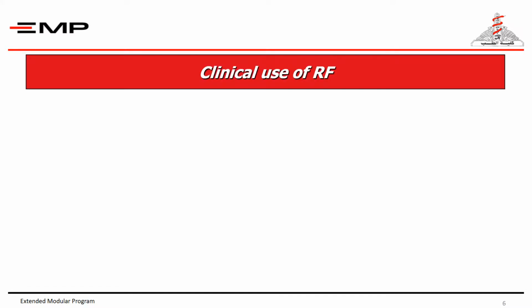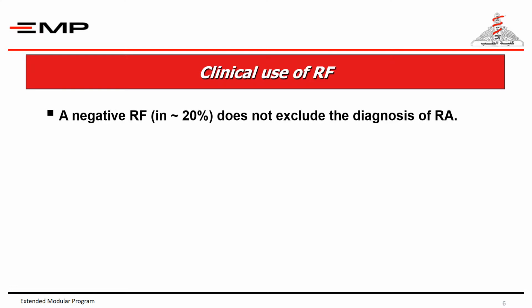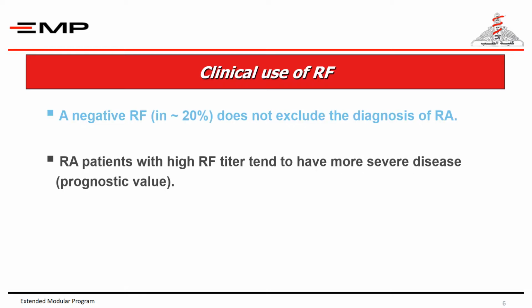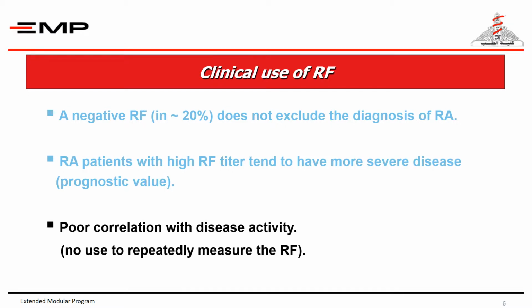Clinical use of rheumatoid factor. A negative rheumatoid factor in 20% of cases does not exclude diagnosis of RA. RA patients with high rheumatoid factor titer tend to have more severe disease. It is of prognostic value, but there is poor correlation with disease activity.